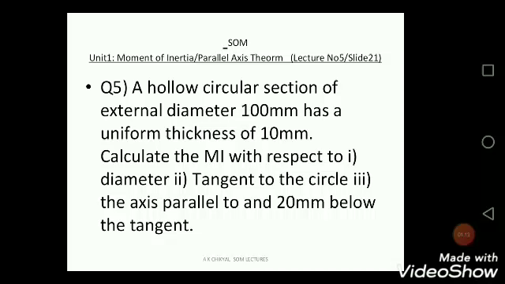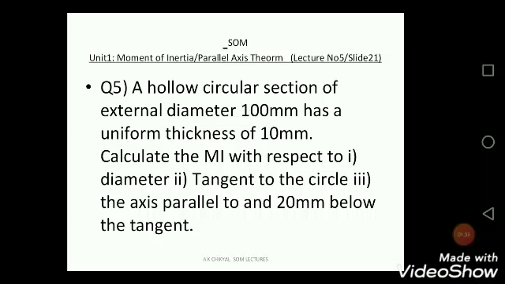External 100 mm, thickness 10 mm from this side and 10 mm from the other side. So the internal diameter is 80 mm, D1 is 100 mm, D2 is 80 mm. So you get a concentric circle with external diameter 100 mm and internal cutout of 80 mm.